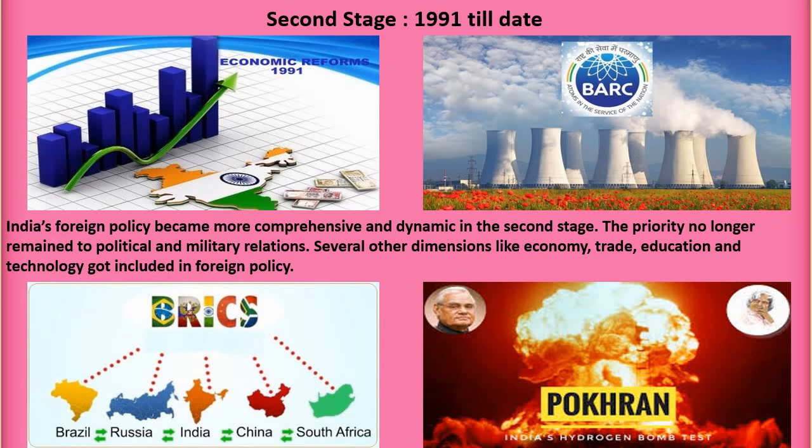But in spite of this, India has been consistently supporting efforts for disarmament, because it is India's position that there should be peace and security in the world. And peace and security were also included in the main objective of our foreign policy.